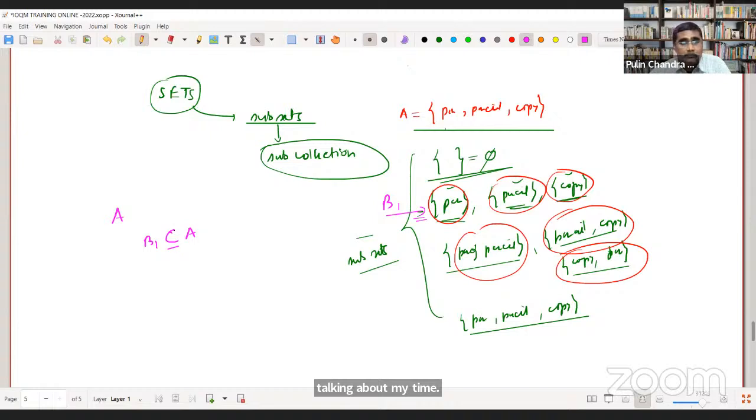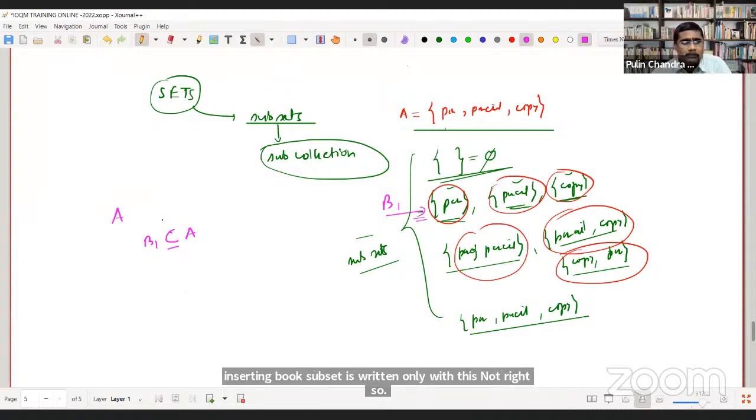But now in NCERT book, subset is written only with this, not the equal sign. Right? But I will be using this only, what I have learned.